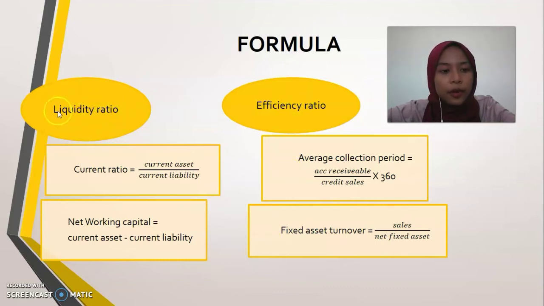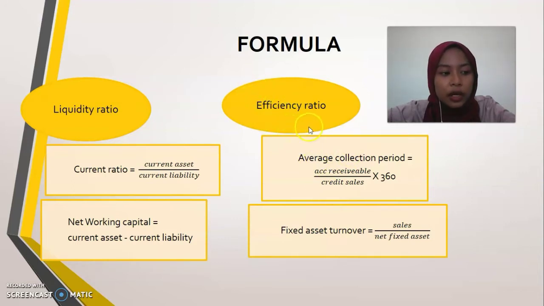First, liquidity ratios help a company measure its ability to pay off its short-term debts by using its current assets or quick assets. The formula of the current ratio is current assets divided by current liabilities, and net working capital equals current assets minus current liabilities.